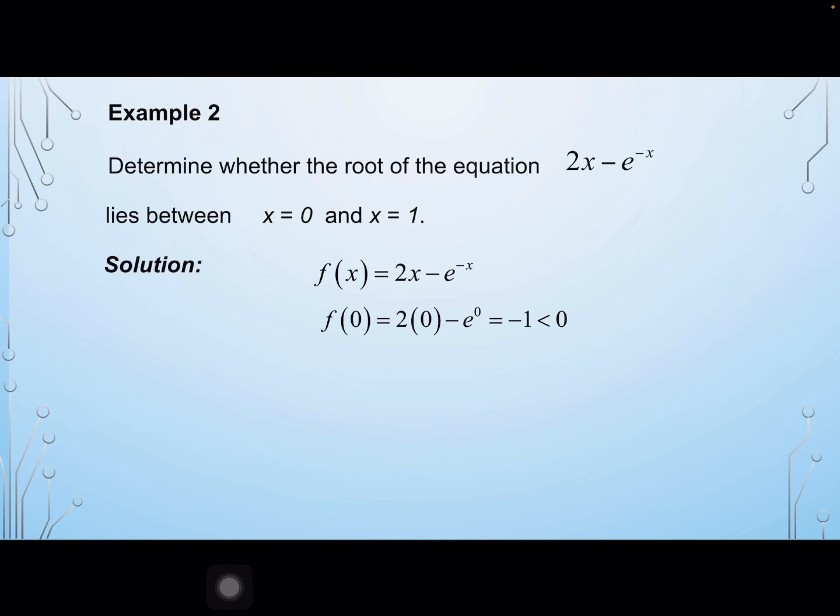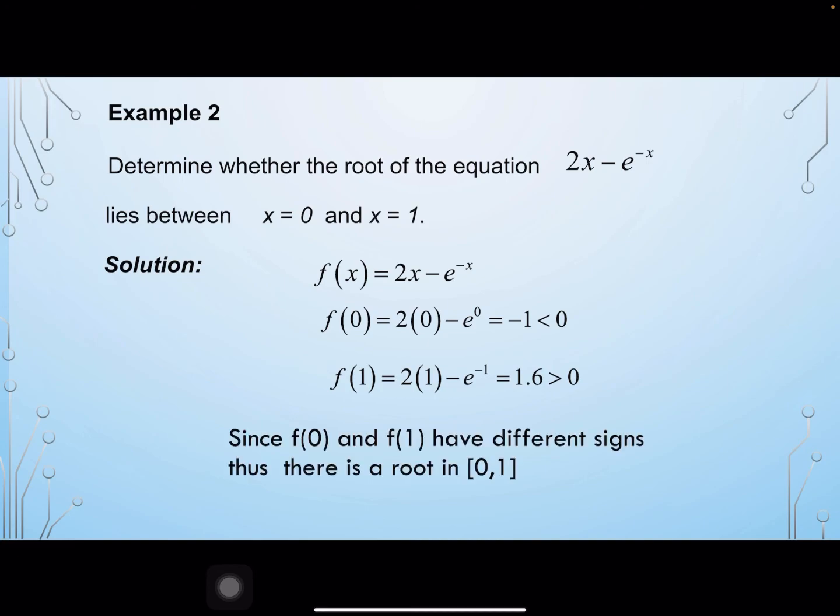This is negative. f(1) is equal to 2 times 1 minus e power minus 1, which equals 1.6, which is positive. Since f(0) and f(1) have different signs, there is a root between x equals 0 and x equals 1.